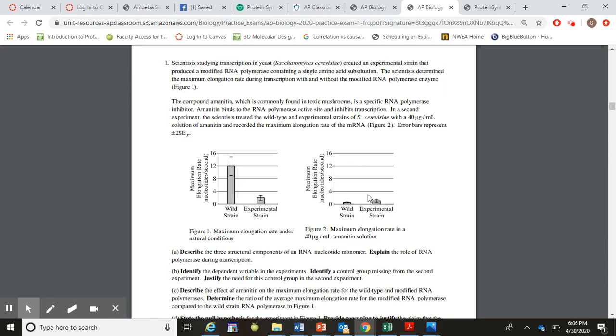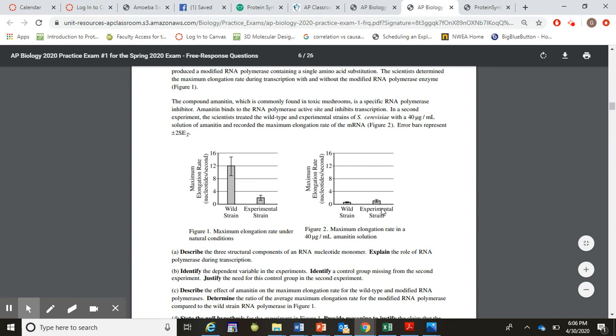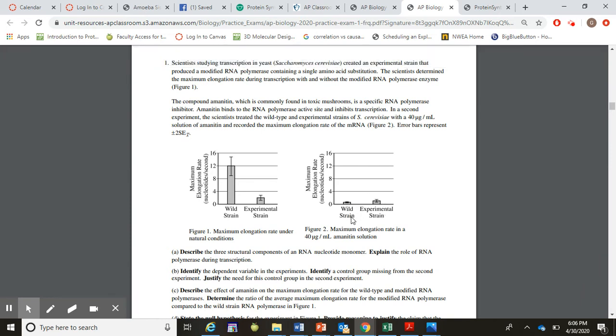With the amanitin, there is not a significant difference between the rate of elongation. Here, the rate of elongation of the experimental strain is still low because the amino acid substitution clearly reduced the effectiveness of the RNA polymerase. And then here, with the RNA polymerase being inhibited, it's not working well, and we don't have a very large elongation rate either. So both are affecting the rate of elongation.